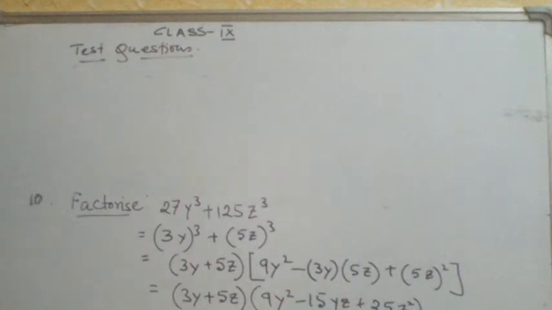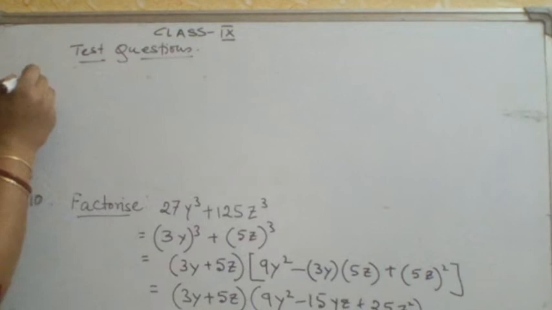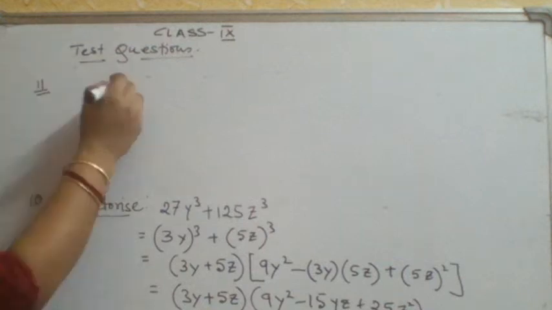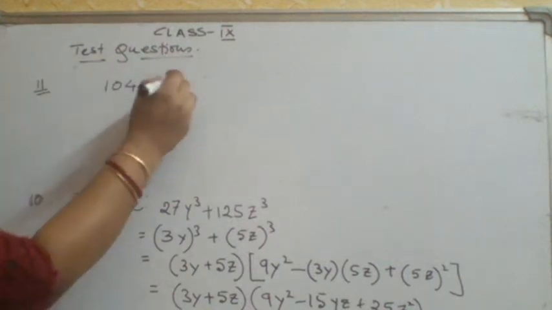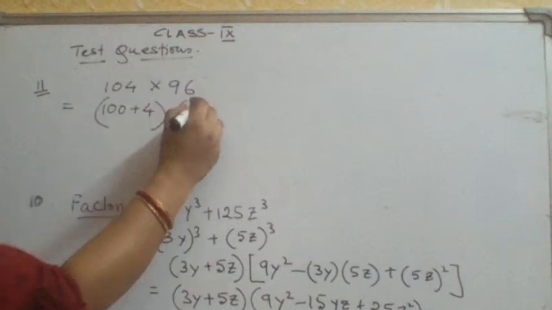Now the last question, question number 11: evaluate 104 into 96. So you need to write it as 100 plus 4 into 100 minus 4.